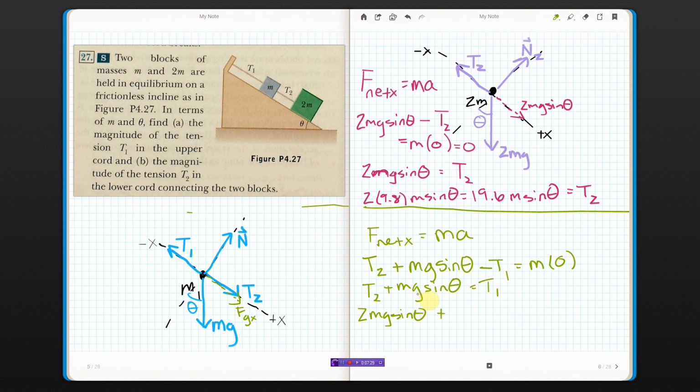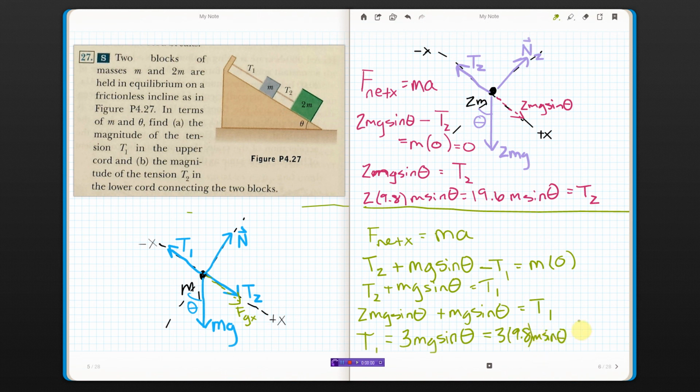I still have this plus mg sine theta equals T1. So what I have is 3mg sine theta. So T1 you can either write as 3mg sine theta, that's acceptable, or you can put in 9.8 for g, in which case you get 3 times 9.8 m sine theta.